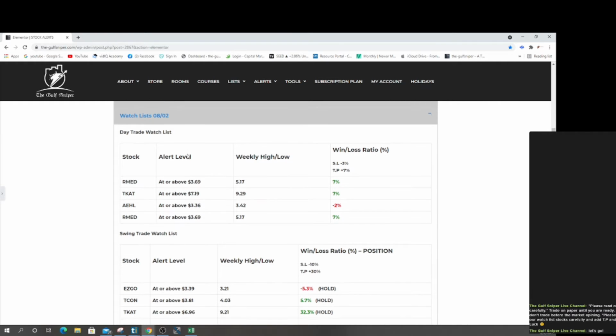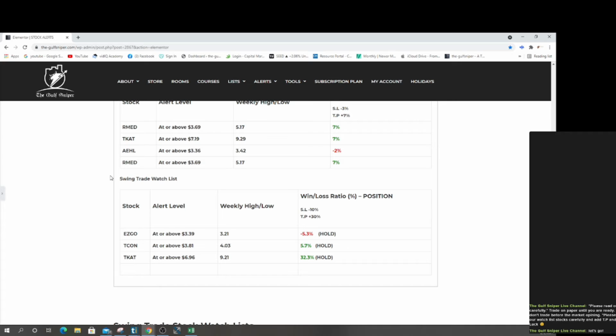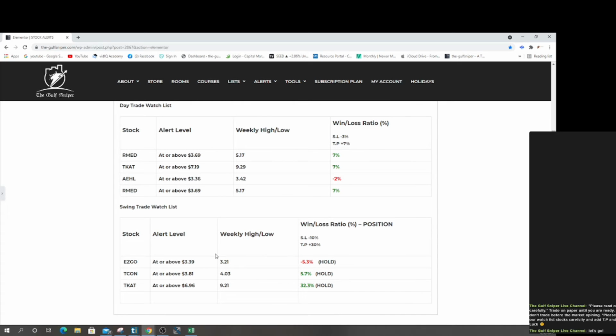Now speaking about our swing trades watch list, EZGO is at -5.3 from our entry. It is still a hold. 10%, or seeing it confirm its negative direction, will be our exit signal.